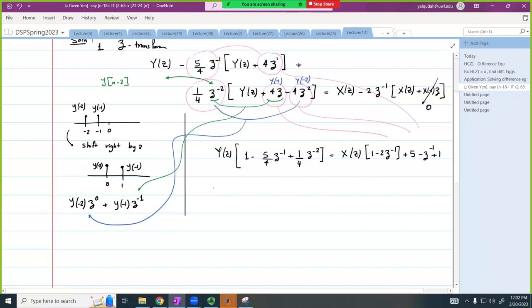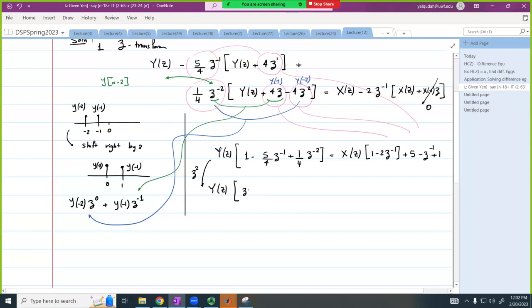Okay, so therefore my y of z is going to equal z squared minus, okay, let me do one more step. So we have all in terms of a negative z. We do not like that. So I'm going to multiply both sides by z squared.